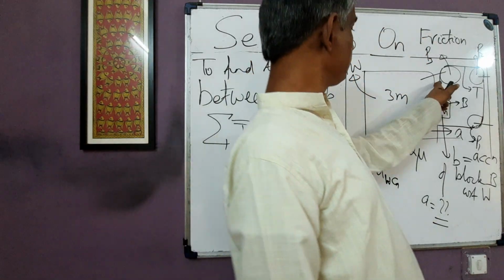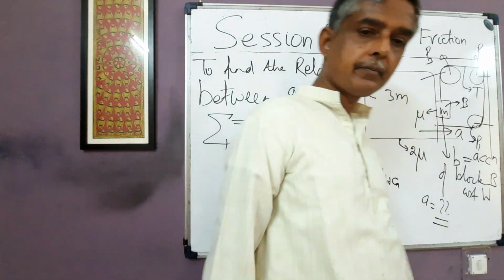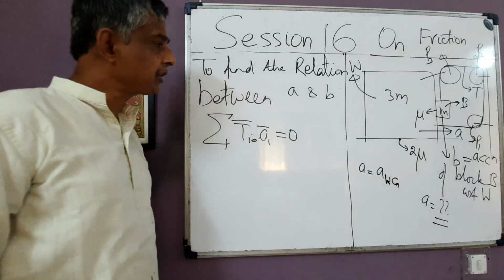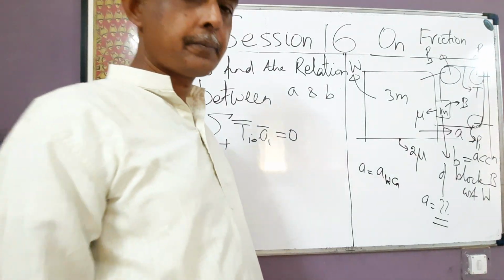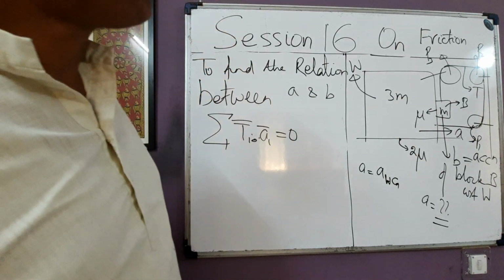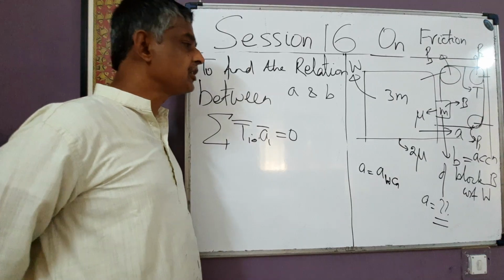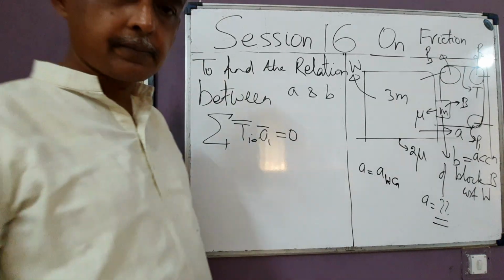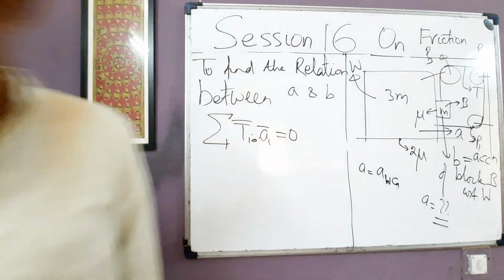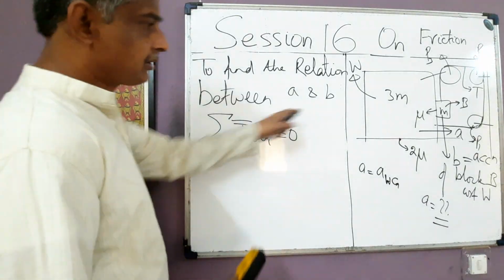Then string is in contact with this block B at its highest point. So these are the different bodies with which the string is in physical contact. Now we have to tell what are the different points of the different bodies on which the string effectively exerts force. For that, first I rub it.